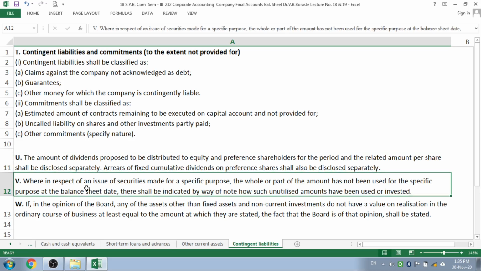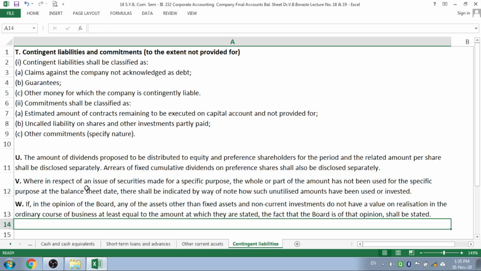Where an issue of security is made for a specific purpose, it has to be mentioned under this head. If, in the opinion of the board, any assets other than fixed assets and non-current investments do not have a value on realization in the ordinary course of business at least equal to the amount at which they are stated, that fact shall be stated.